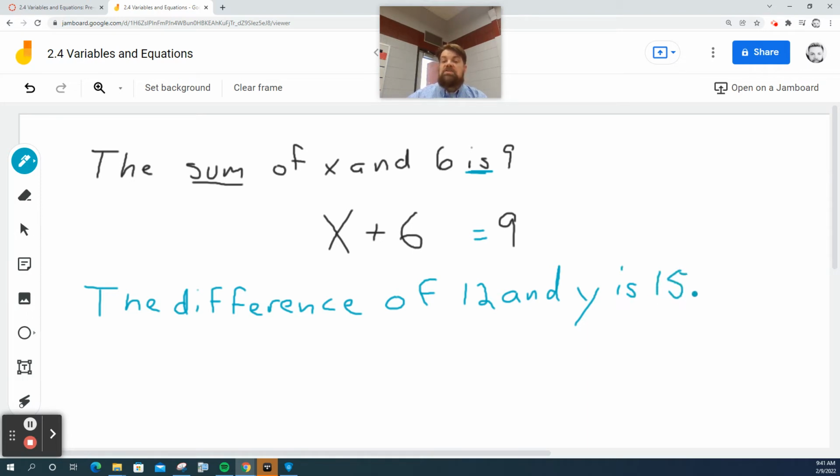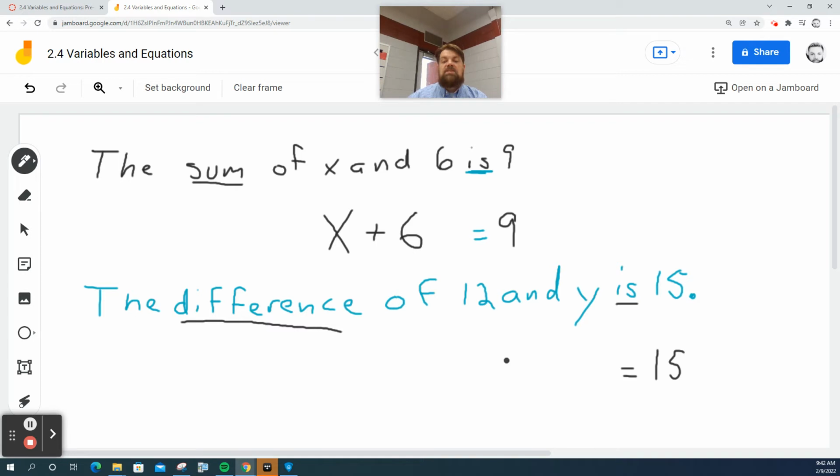Now, when you do difference, this one, the order really matters. But just like before, is means what? Equals. What does it equal? It is 15. And what does difference mean?